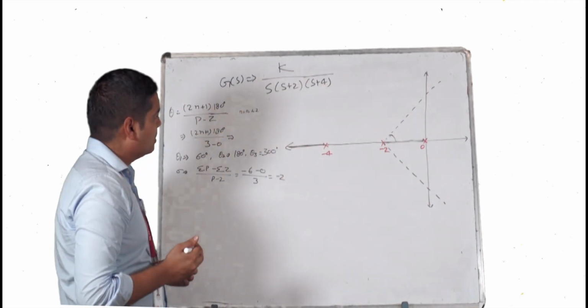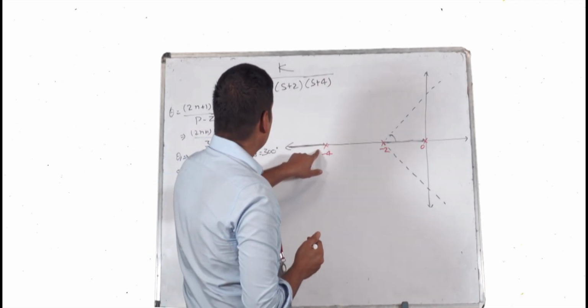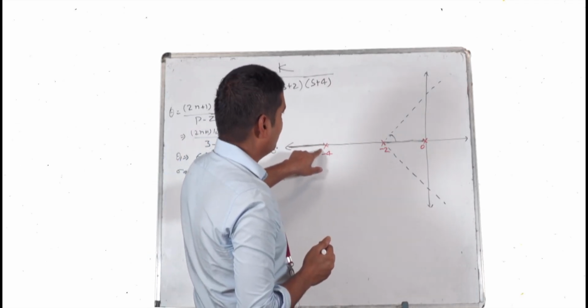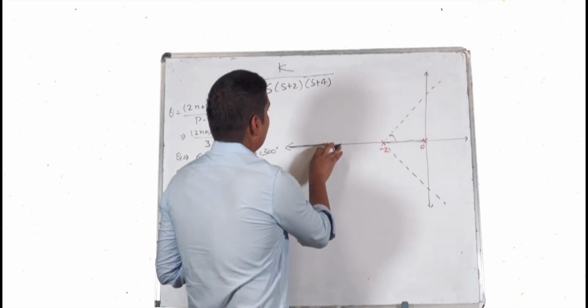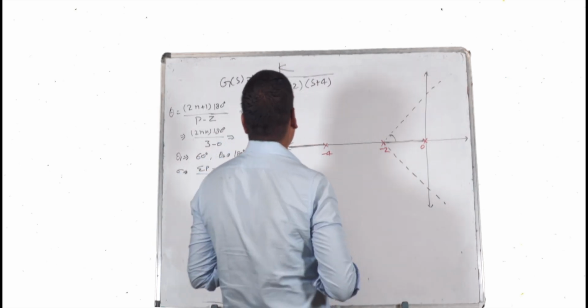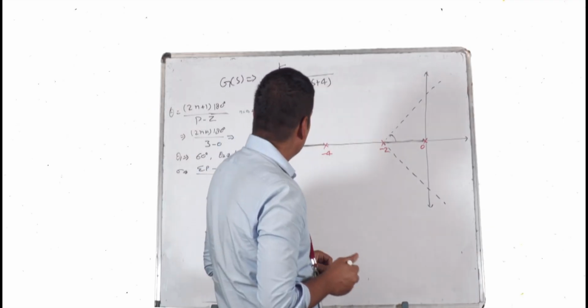When the gain is going to vary from 0 to infinity, this particular pole is going to move away from this point towards the left hand side. So this is a perfectly stable pole.